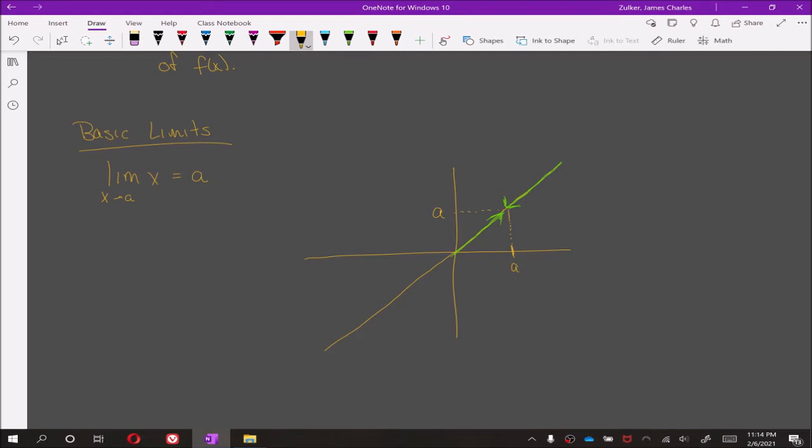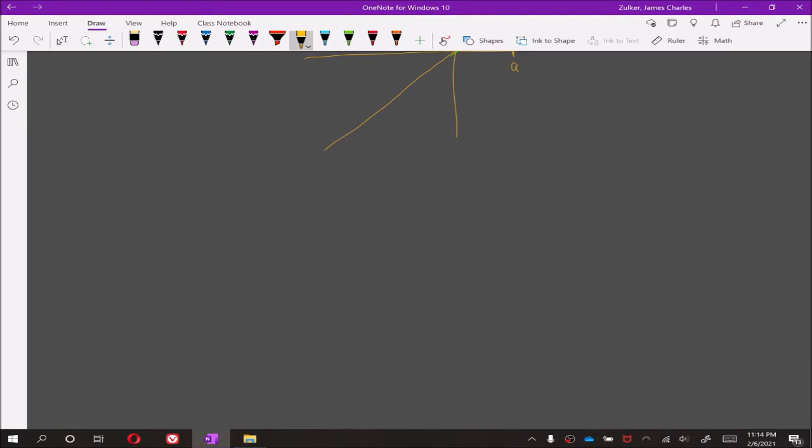If we now look at the limit as x approaches A of C, where C is a constant, well, if we look at the graph of a constant, let's say this is C up here, that is a horizontal line.